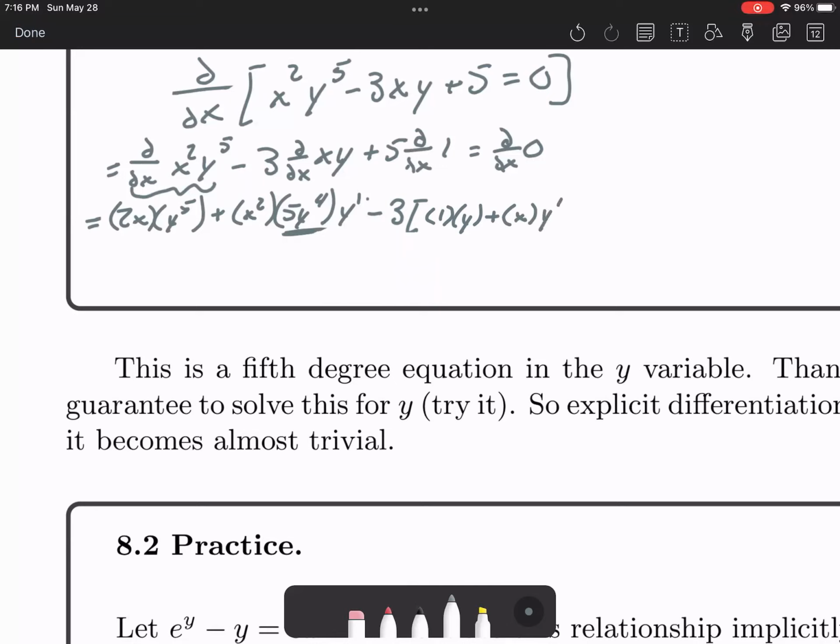That's y prime. We add 5 times the derivative of 1, but that's just 0, and the derivative of 0 is 0 as well. All right, now that we've taken all of our derivatives, let's clean this up. This is 2x times y to the fifth plus 5x squared y to the fourth y prime minus 3y minus 3x y prime is equal to 0.